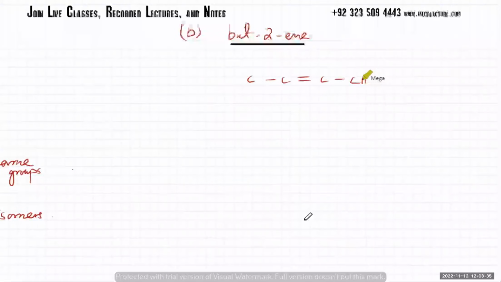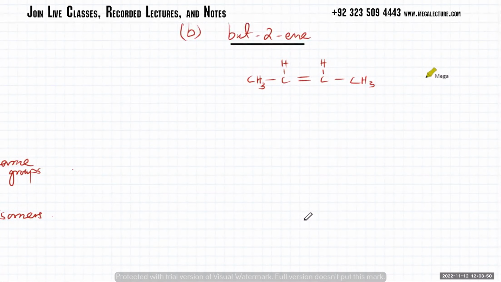And we've got 3 H's and another H, and I've got 3 H's, right? So will this have cis-trans isomers? Your first question is, is there a double bond? Yes sir, it could be.